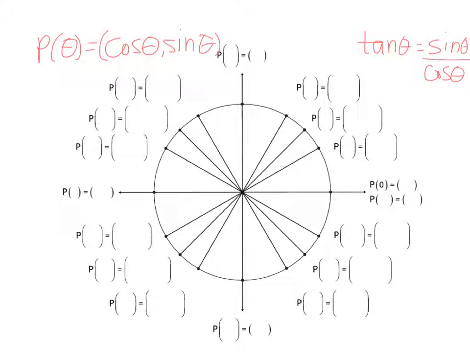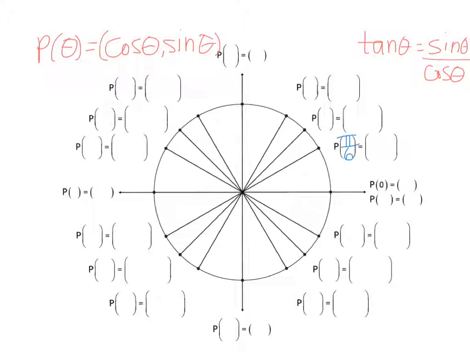When you have a circle like this, and an angle in standard position, this first one in the first quadrant, the angle would be pi over 6, right? In here, pi over 6.